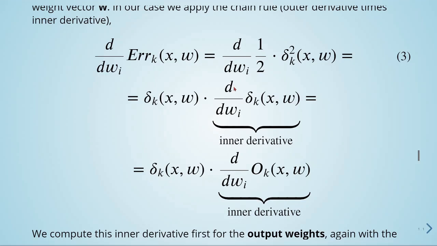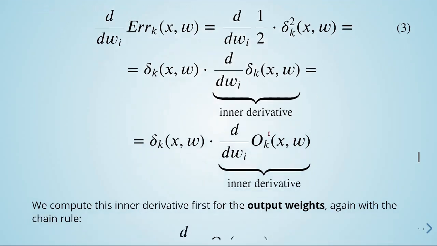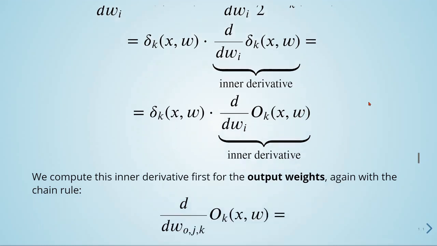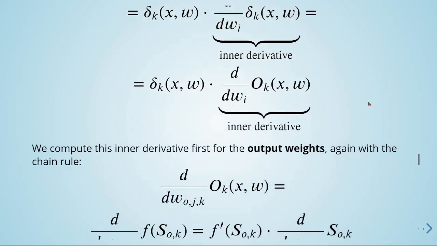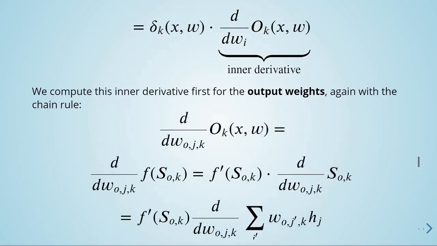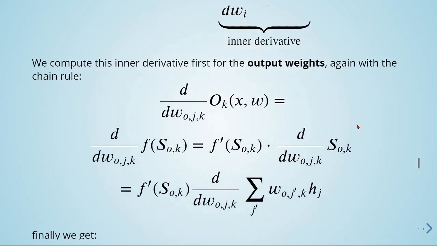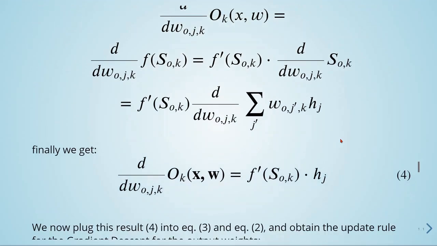This delta and the derivative with respect to the weights. Then we have this delta k, here we have the derivative with respect to the weights, and here is the output. We can compute this inner derivative first for the output weights, and again we use the chain rule, and finally we get this equation 4 here.